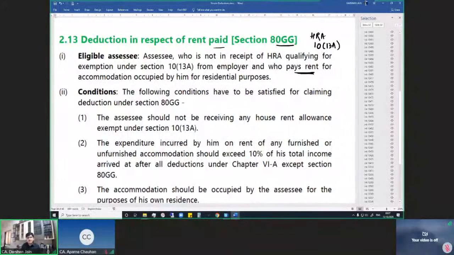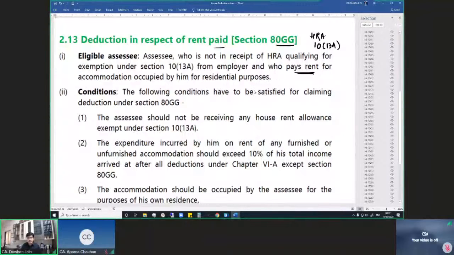Provision has been made under section 80GG to allow for such rent that is paid by an assessee, being an individual, who is not in receipt of HRA. So one who doesn't receive HRA can claim deduction in respect of rent paid by him for his residential accommodation.